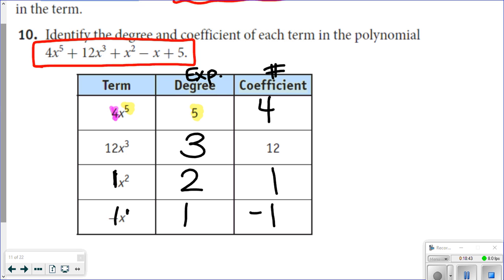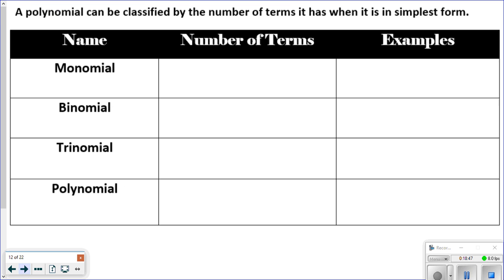Okay, so here's what we're going to do. We're going to add this to our note sheet. If something is called a monomial, that means it has one term.